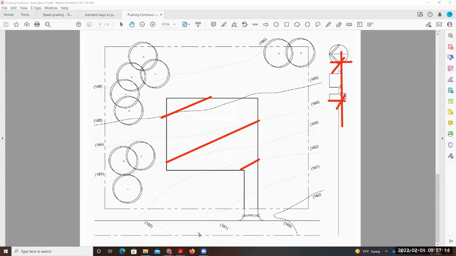If that is 50 feet apart, what is the slope if those are 50 feet apart? That is a 2% slope. That is correct. Now, do I have to use the 2% slope? Nope, I don't. I could come back in and say, I'm going to make those guys a little closer, just because I want to.